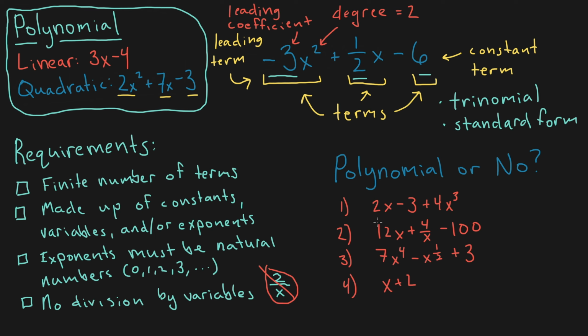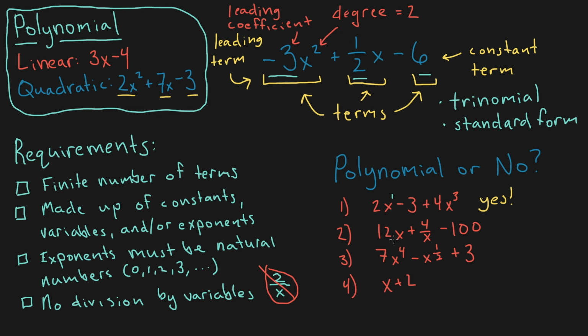We have an implied exponent of 1 here, and 3. Those are both natural numbers, so it meets the third condition. And is there any division by variables? No, there's not. So yes, this is a polynomial.